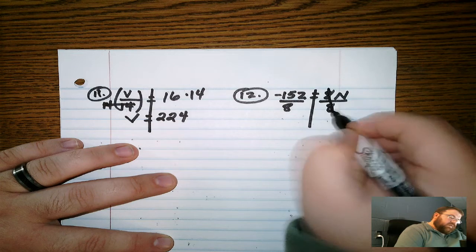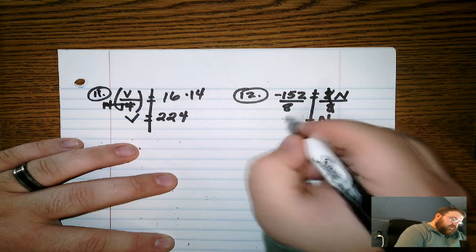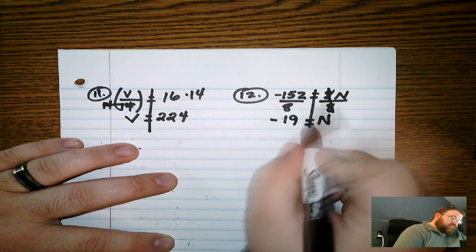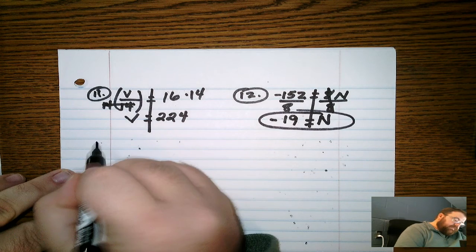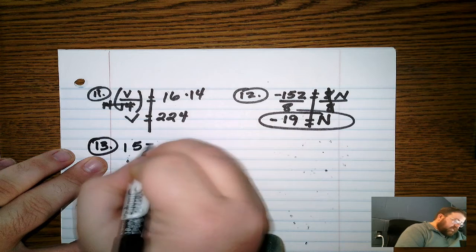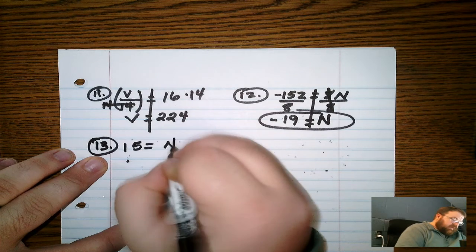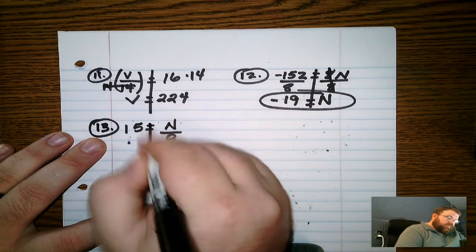8 divided by 8 is 1, so it leaves me with n equals negative 19. Number 13 is 15 is equal to n divided by 8. I'm going to draw my line.